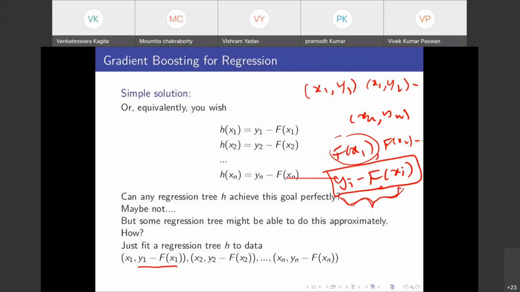So instead of taking yi, now your target is yi minus f of xi. Your target is changing now. Earlier it is yi, now it is yi minus f of xi. Got it? Are you with me so far?